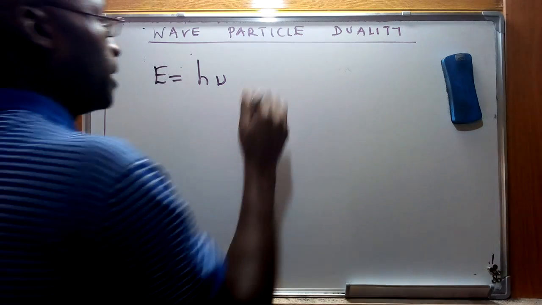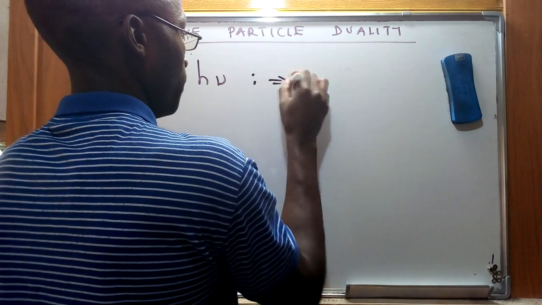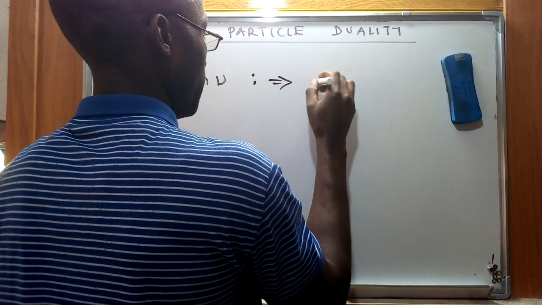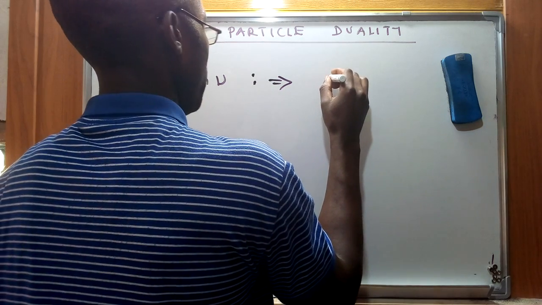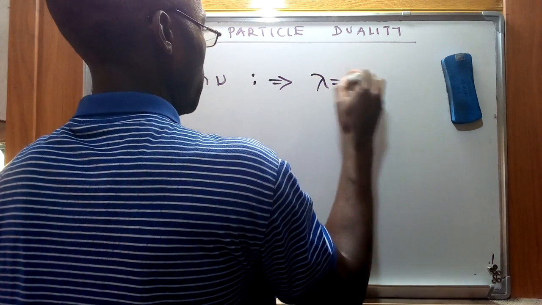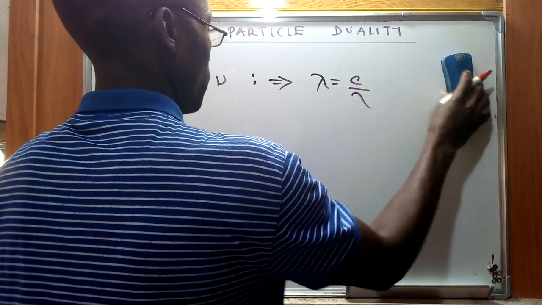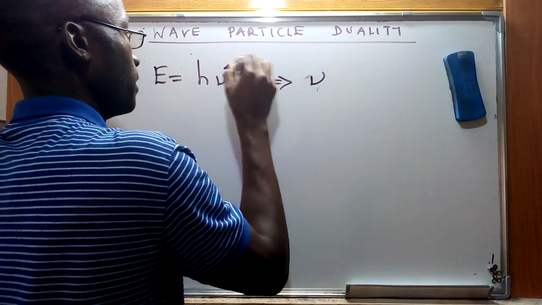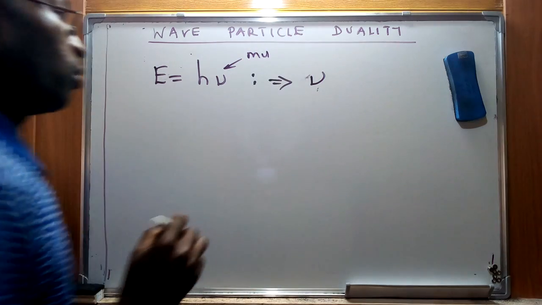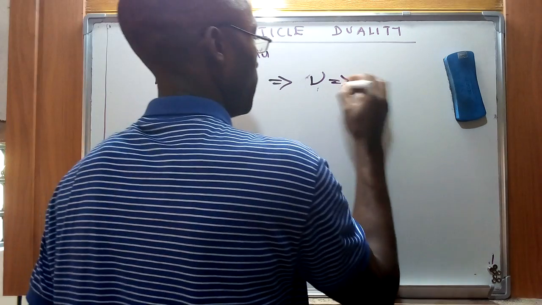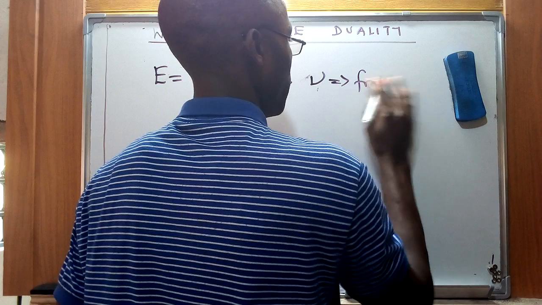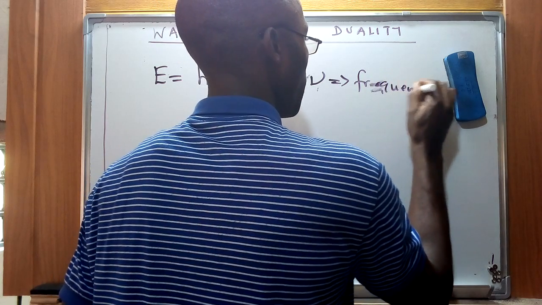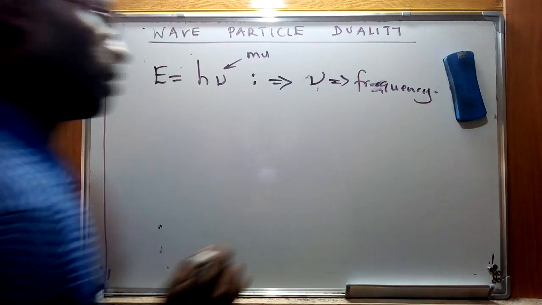And we had expanded earlier and said that the implication is that the wavelength can be given as c over, sorry for that. This is a frequency, the Greek letter nu, which implies frequency, of this particle or photon that is behaving as a wave.